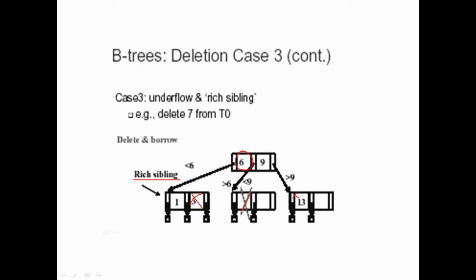So now when you borrow this 3 for the 7, you have to borrow it through the parent. So what you have to do? You have to shift this 3 to the parent, and then you have to take the parent's key to this particular node. So now here your tree becomes like this.